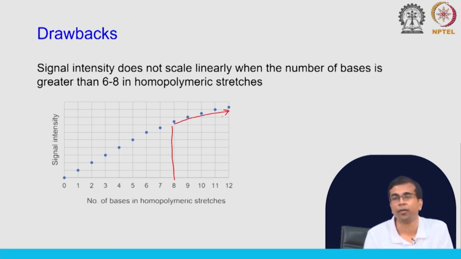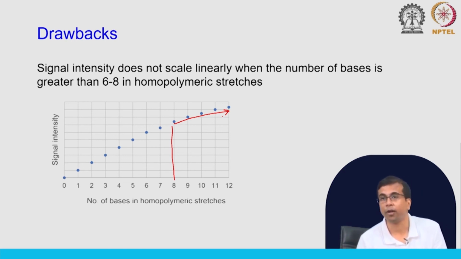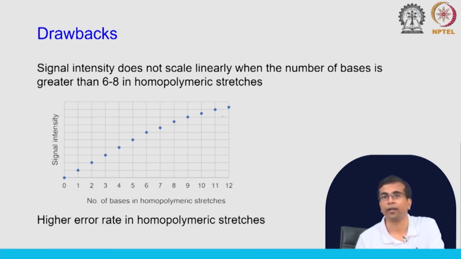As you go beyond 12 bases, the sequencer will not be able to resolve the number of bases very accurately. Whether it is 14, 15 or actually 18, these will not be resolved. So, you will start seeing a lot more sequencing error in these regions.